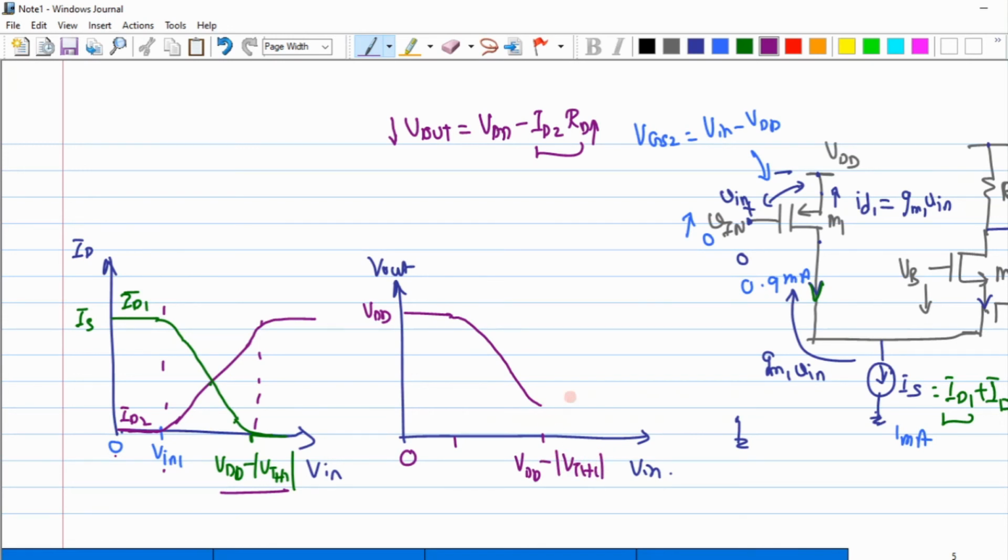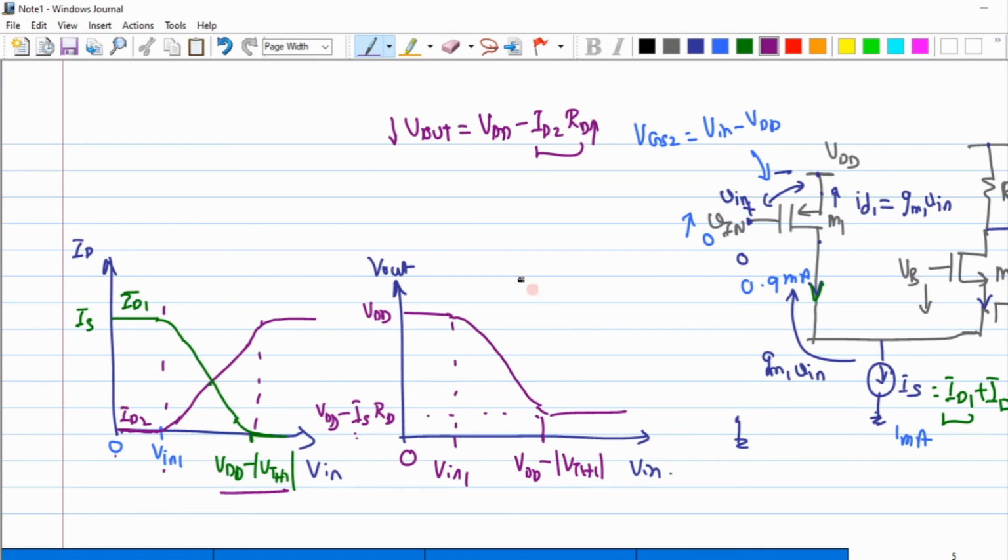M1 is cut off, and because of that, the current flowing through this M2 is completely equal to IS itself. Now, what is the value that I would get? It's a constant, and that value is nothing but VDD minus IS RD. So the current under this input condition is ID2 equal to IS. That's the reason why I replaced it here.